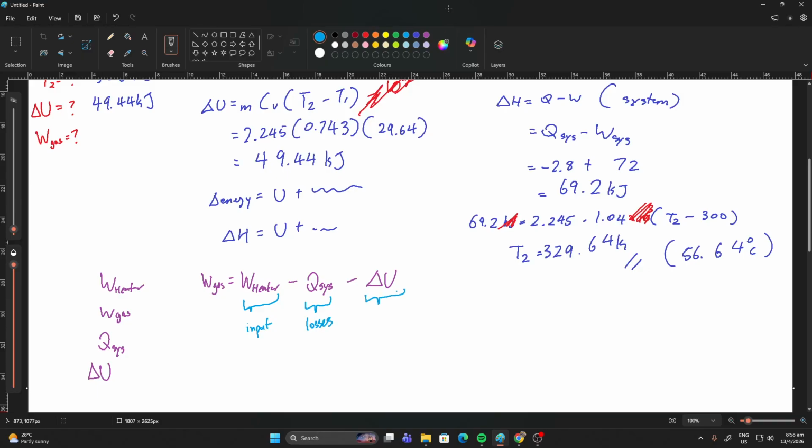Then this is the work done from the system itself. So this will give you the work done by the gases. But you can say the gas is part of the system. You're not wrong, but at the end of the day, it's just what we identify in our system.